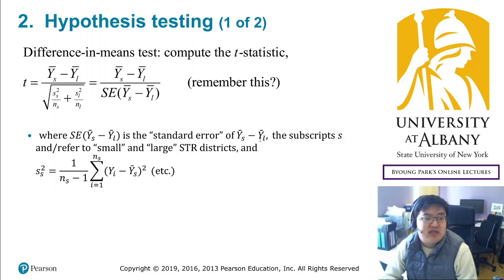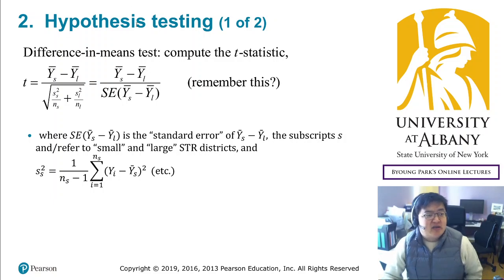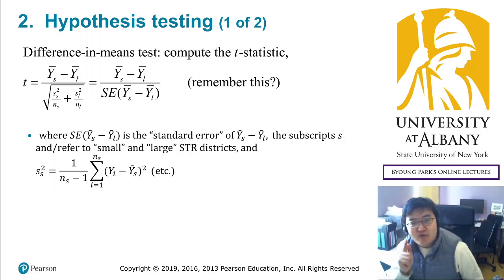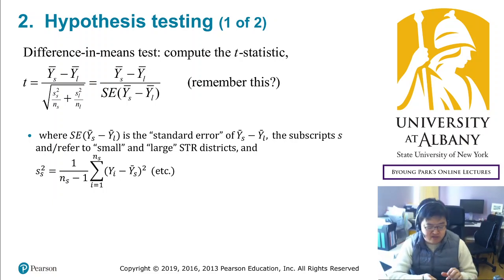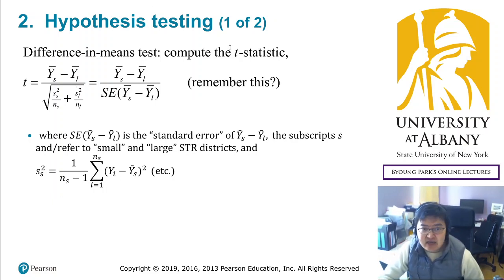And hypothesis testing. If you remember, in hypothesis testing, what we did is we first calculated the t-statistic. In my 320 class, I explained the t-statistic as the standardized difference between the sample mean and your hypothesis, right?